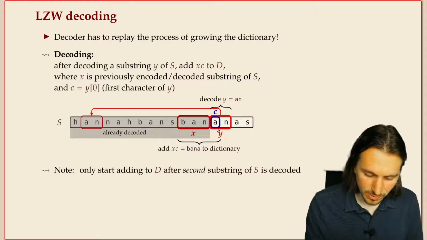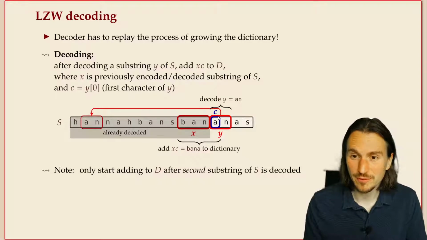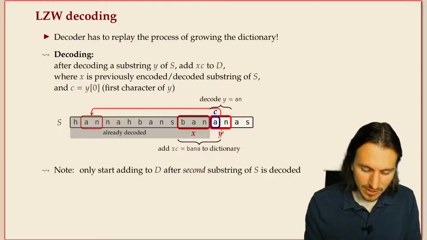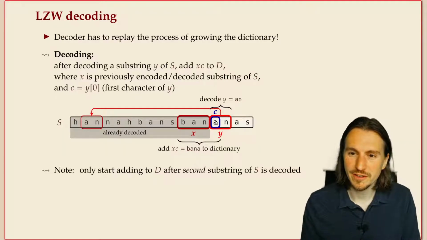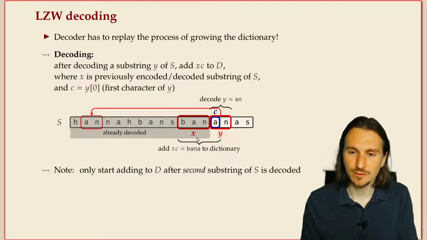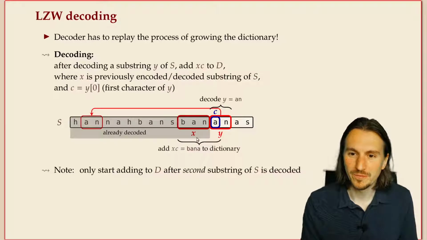And so we take the next character from the next phrase. So we have to decode one more phrase before we can do this addition in the dictionary. So we decode the next phrase and take the first character. Then we know what the XC used to be in the encoding phase, and we can add that to the dictionary.